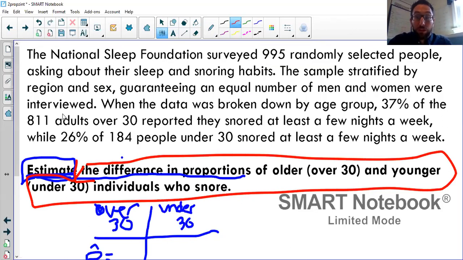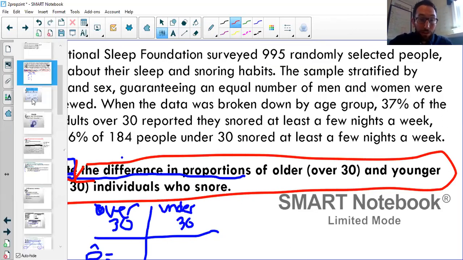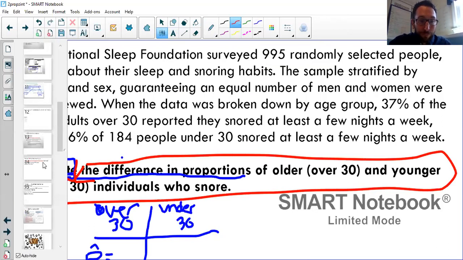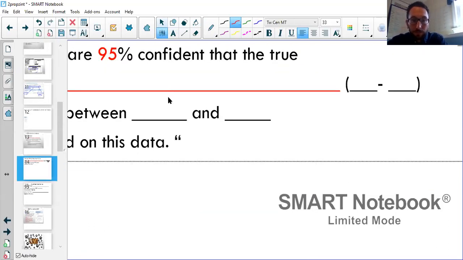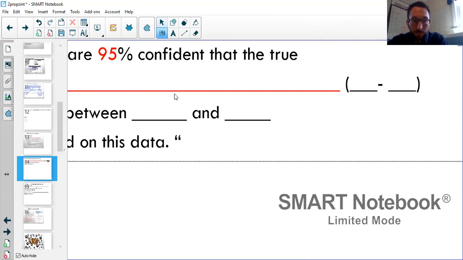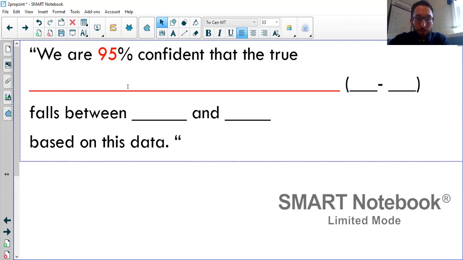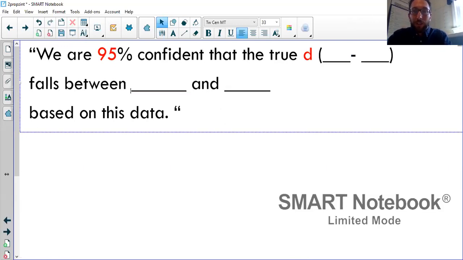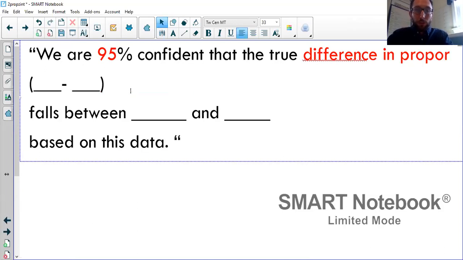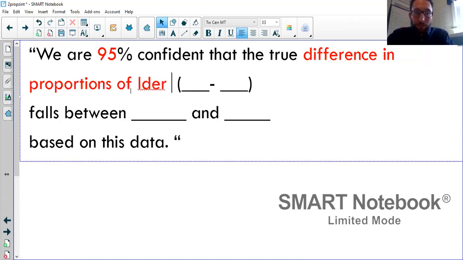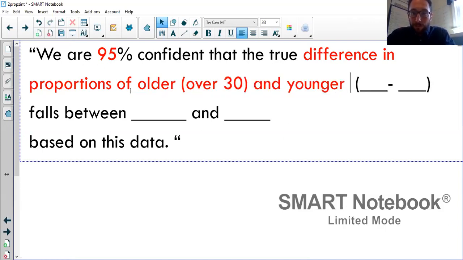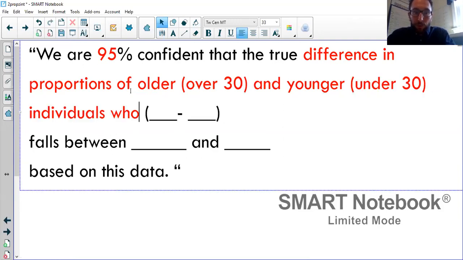Let's jump here. I'm literally about to copy that in so you can start writing it. So we are 95% confident that the true difference in proportions of older, over 30, and younger individuals who snore.